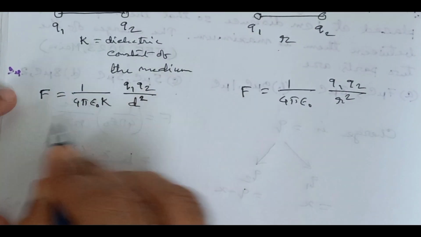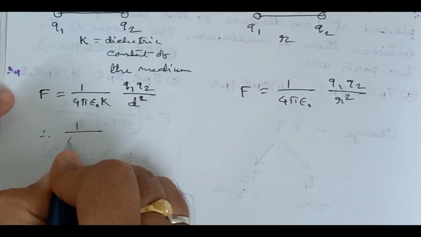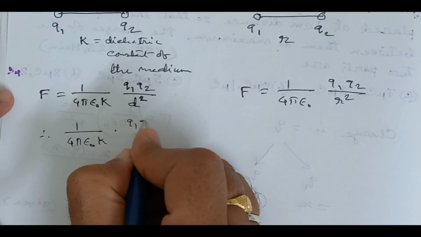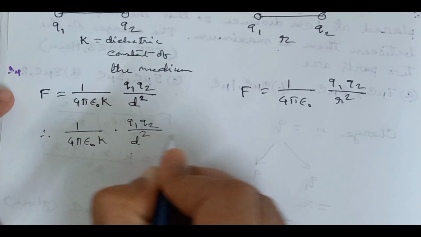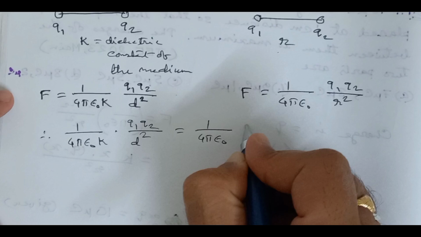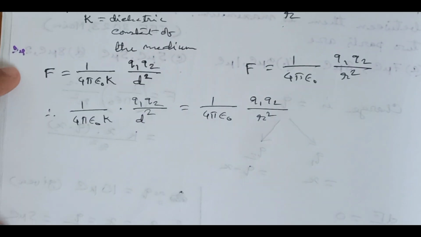Since these two forces are same, therefore we can write 1 by 4 pi epsilon 0 K into Q1 Q2 by d square is equal to 1 by 4 pi epsilon 0 Q1 Q2 by R square.